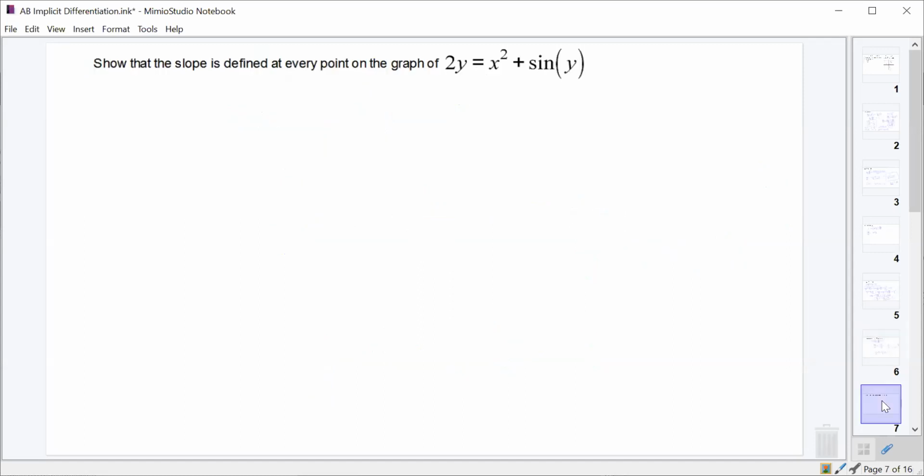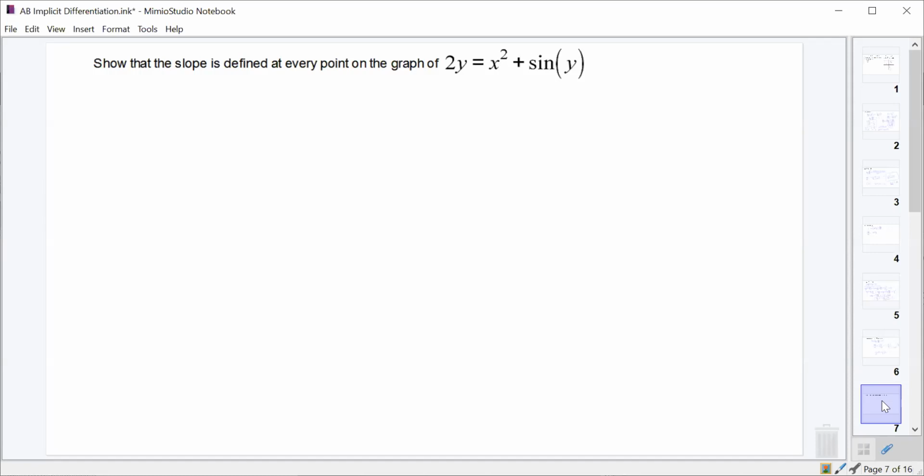Let's take a look at this one. 2y equals x squared plus sine y. We want to show that the slope is defined for every point on this graph, which would mean that there are no vertical tangent lines to this function. And how will we do that?